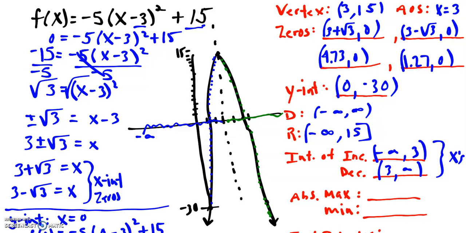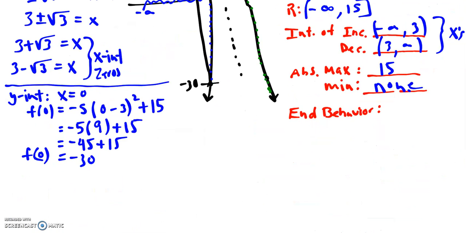All right, let's fill in the absolute maximum. The absolute maximum value is 15. The absolute minimum value is none. That's supposed to say none, but that doesn't look very good. Oh, I don't know what's happening, but that should say none. And let's talk about the end behavior.